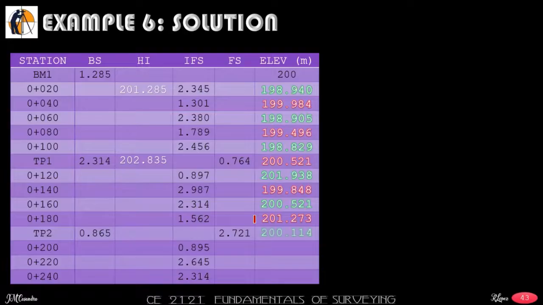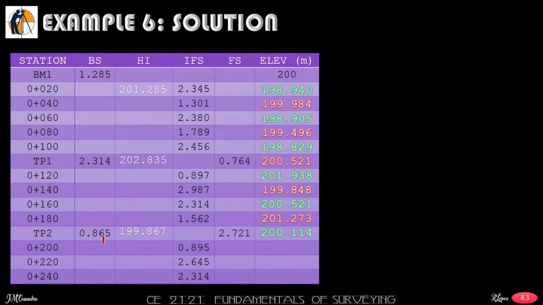And for TP2, its elevation will be 202.835 minus 2.721, giving us 200.114. And for our HI, or height of instrument, elevation plus backside, it will be 199.867.